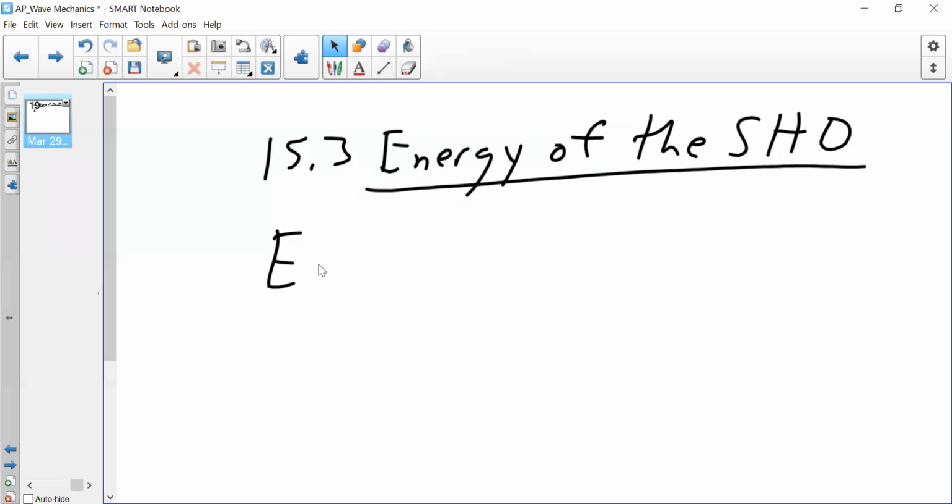Now we know that total energy, as we just saw in the example questions, is the sum of kinetic and potential energy. So now what we're going to do is take the kinetic energy terms for the simple harmonic oscillator, the potential energy terms for the simple harmonic oscillator, and figure out what the expression is for the total energy of that system. You can use it in various different applications.